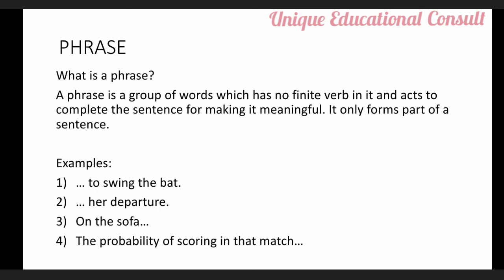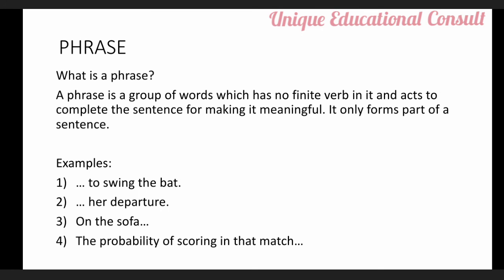But here in a phrase, it cannot be meaningful because it has no finite verb and also cannot make complete sense. That is it. So a phrase only forms part of a sentence.